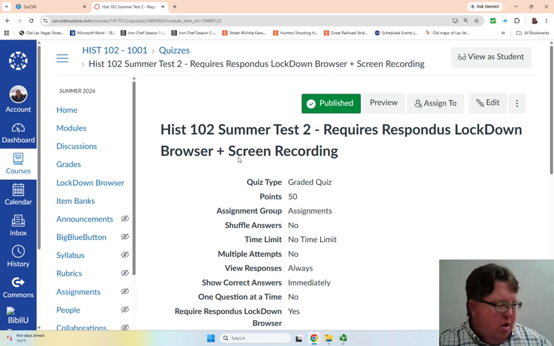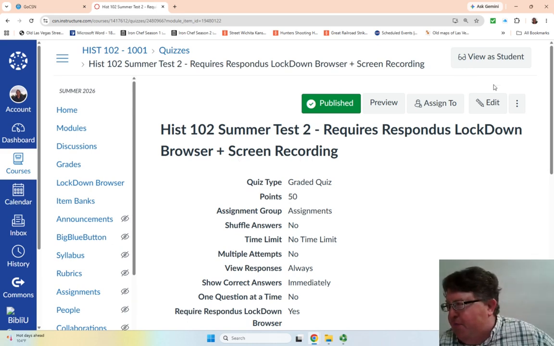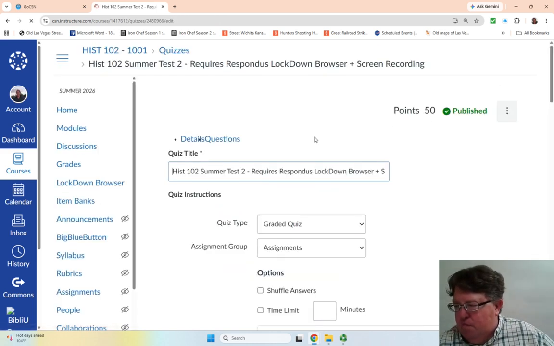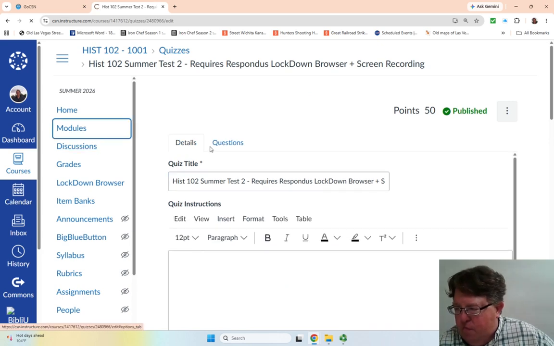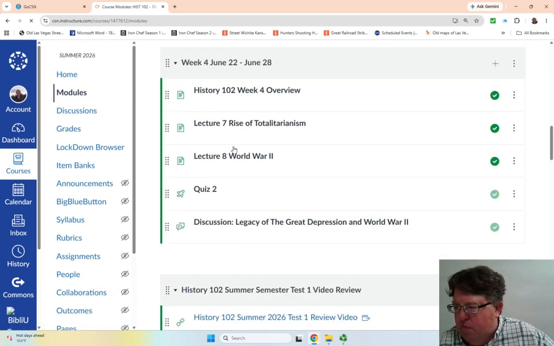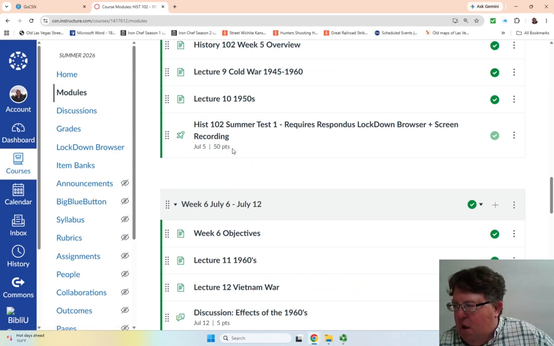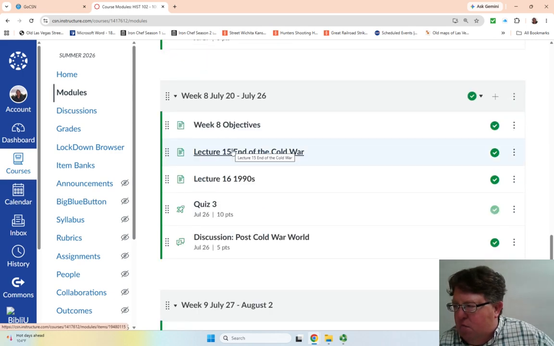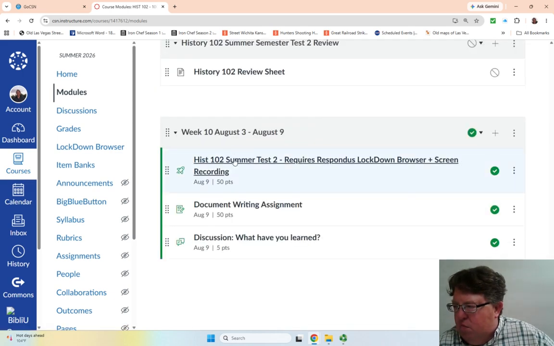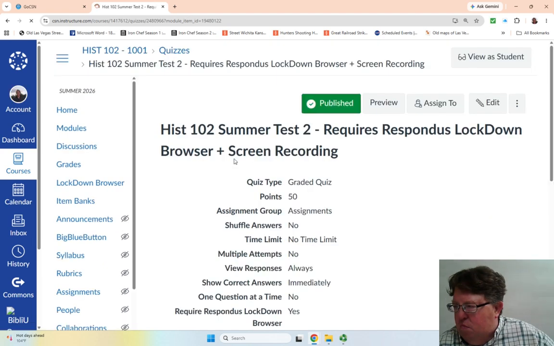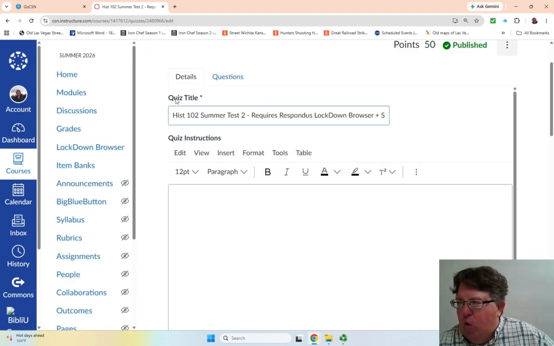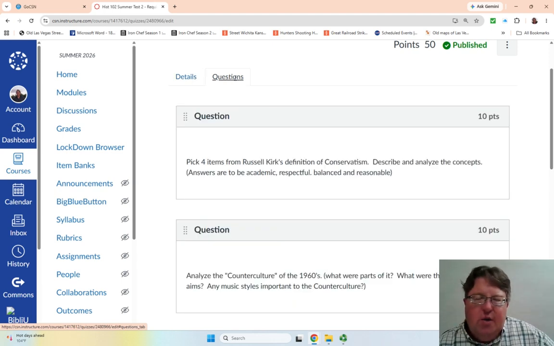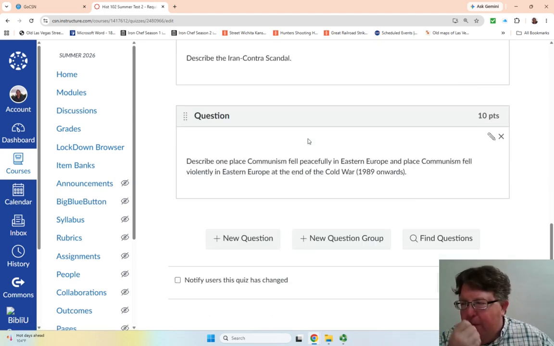The last question, about the end of the Cold War: describe one place communism fell peacefully, and one place it fell violently.